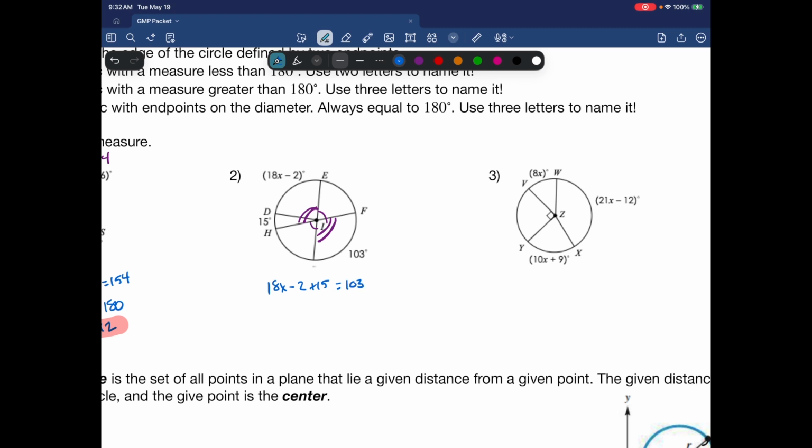Okay, so let's do this. We get 18x plus 13 equals 103. 18x equals, that's going to be 90. So x equals 5.